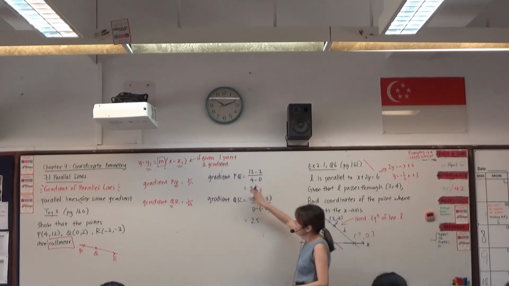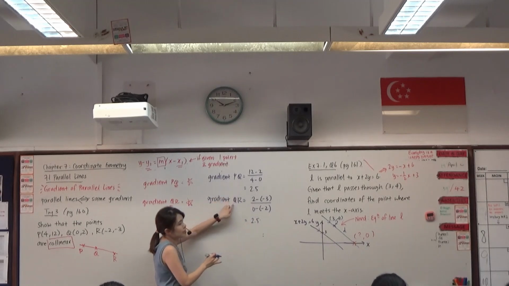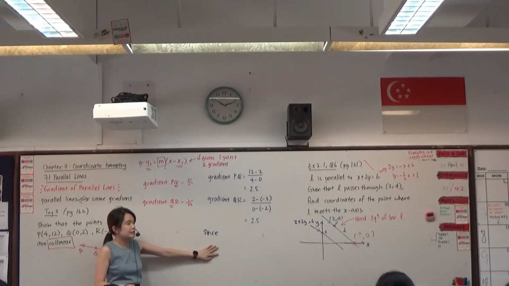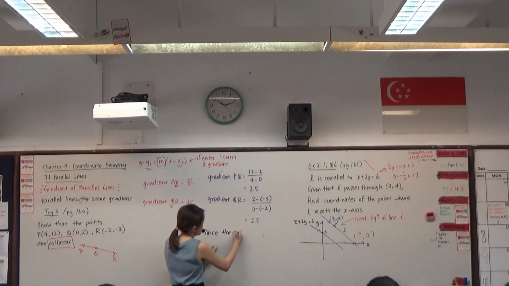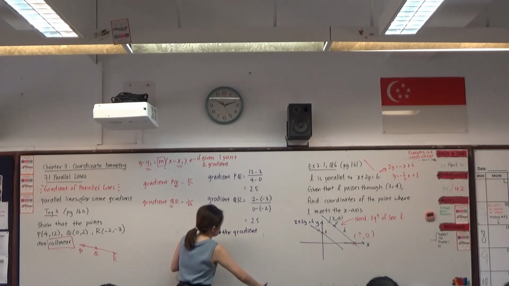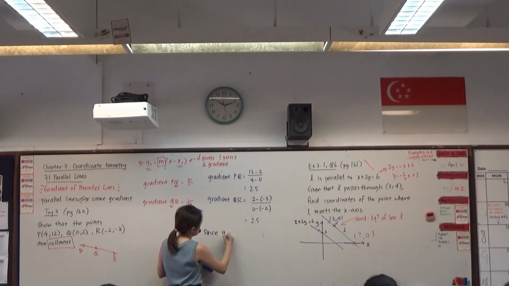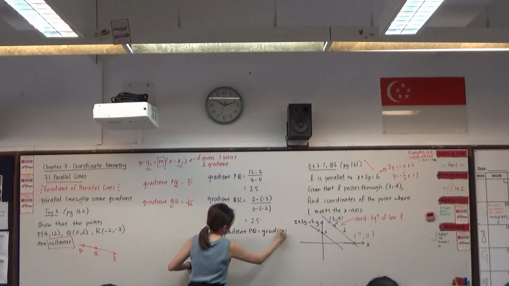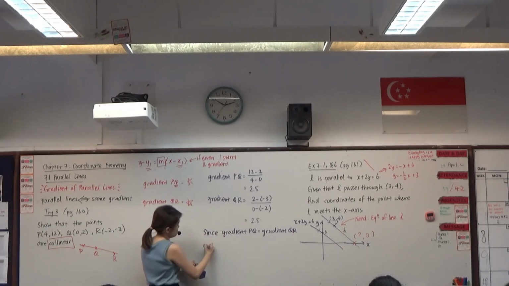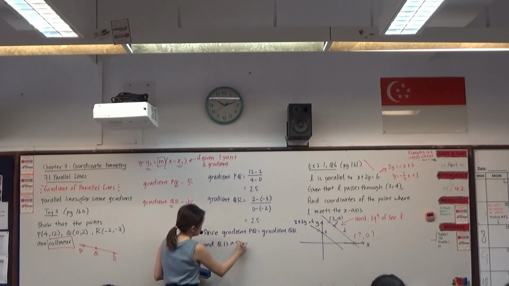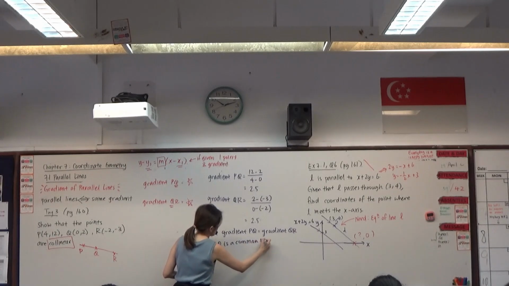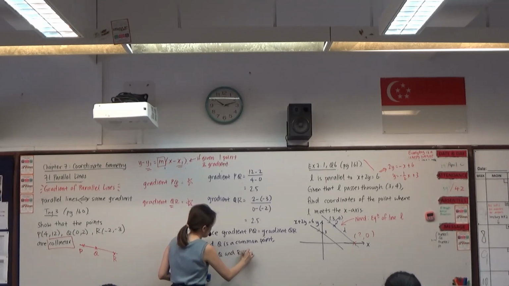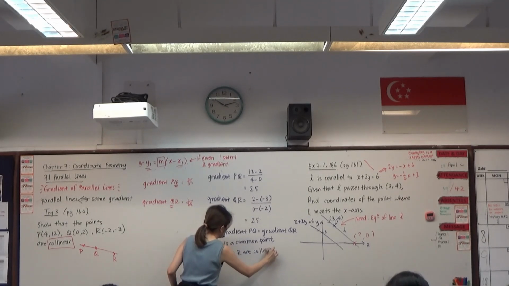Okay, so based on the things that we have found, we see that the common point is Q. So to end off, writing the conclusion, we provide the evidence. We say that since gradient PQ equals gradient QR, and Q is a common point, therefore P, Q, and R are collinear.